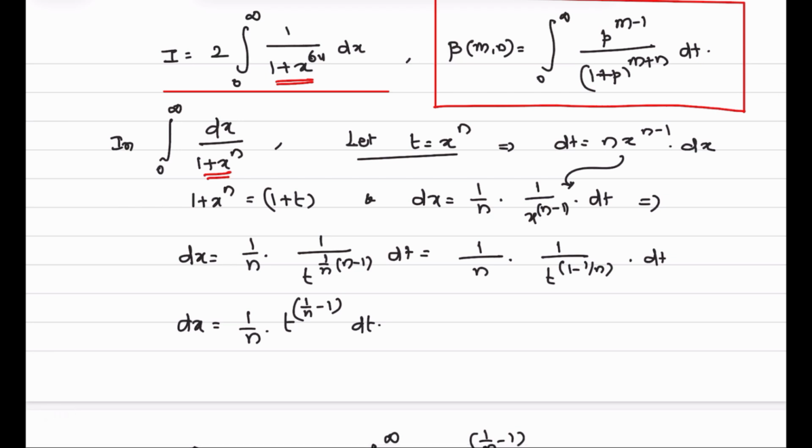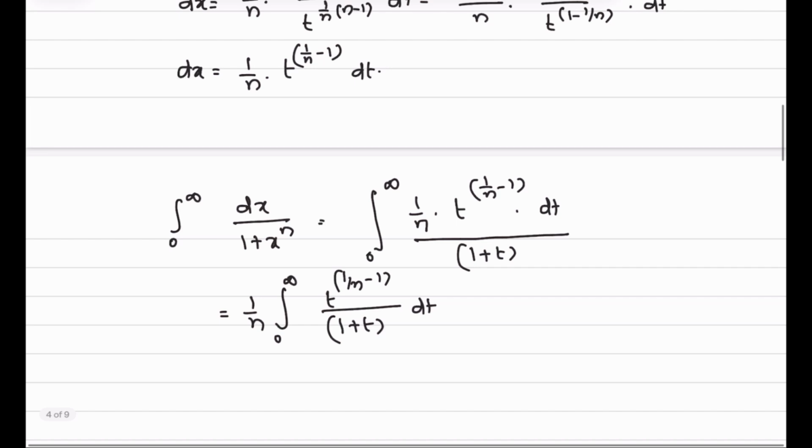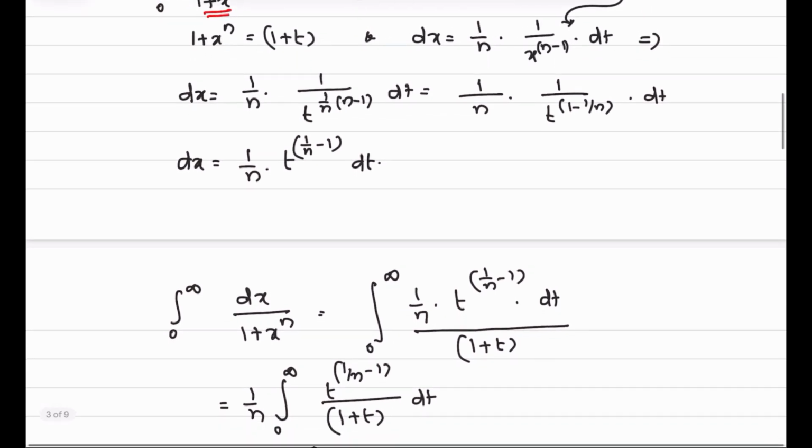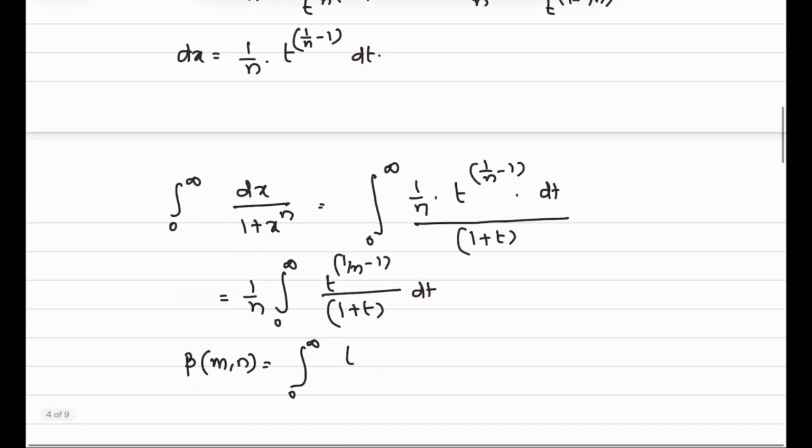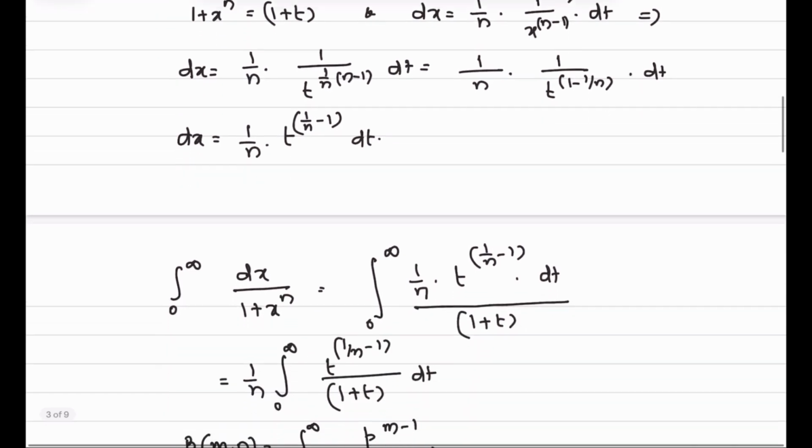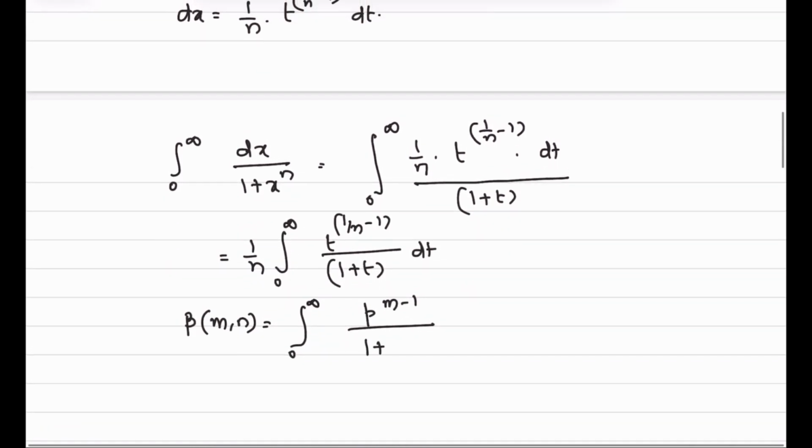Just compare this with beta mn. But beta mn is equal to integral 0 to infinity, not t, rather we call it p, to avoid the confusion, p to the power of m minus 1 by 1 plus p to the power of m plus n, dp.